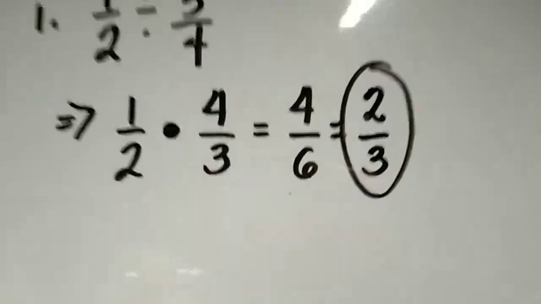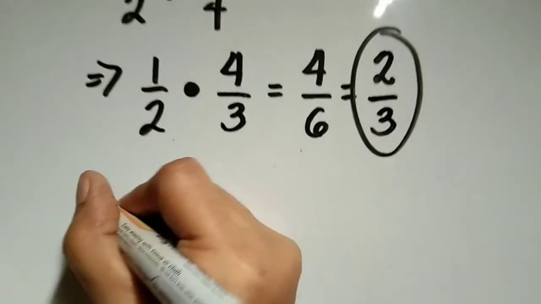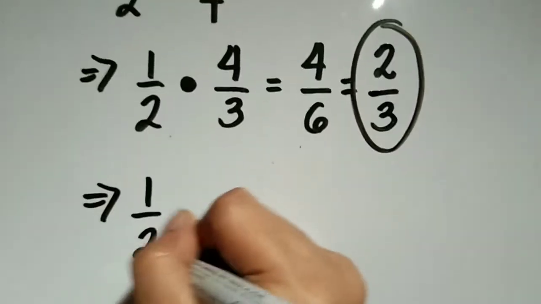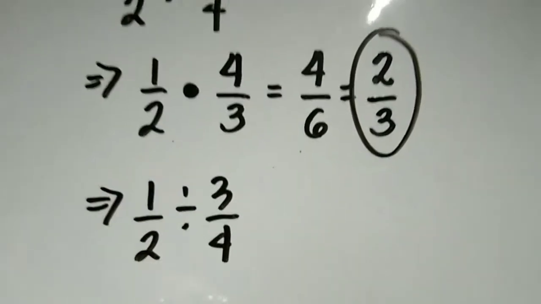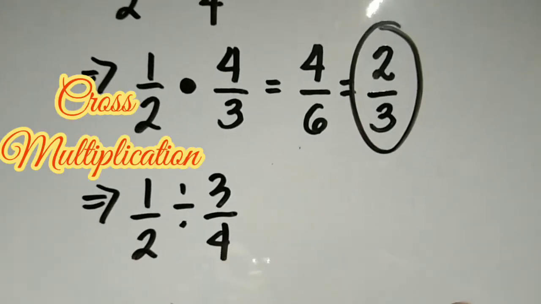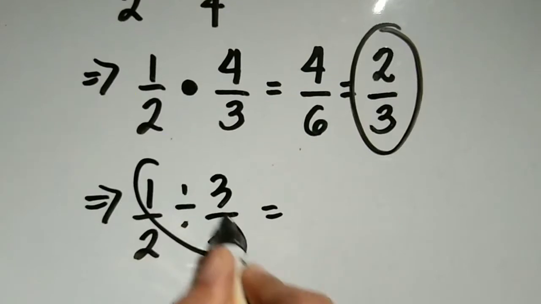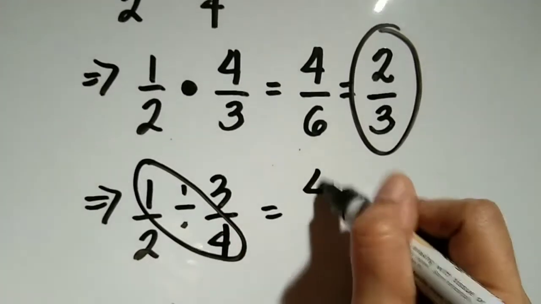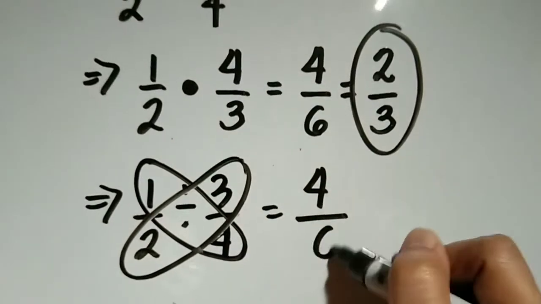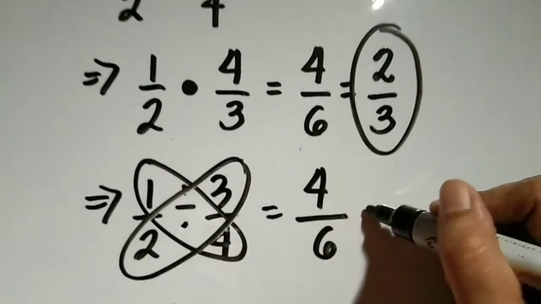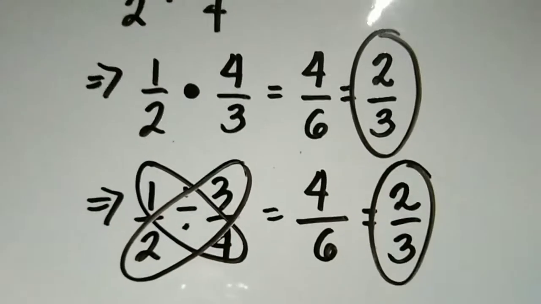Another method in dividing fractions. So we have 1/2 divided by 3/4. So, ito yung ating given. Pwede po tayong mag-cross multiply. So, cross multiply tayo. 1 times 4 is equals to 4 over 2 times 3 is equals to 6. And the lowest term of 4/6 is equals to 2/3. So, ayan po.